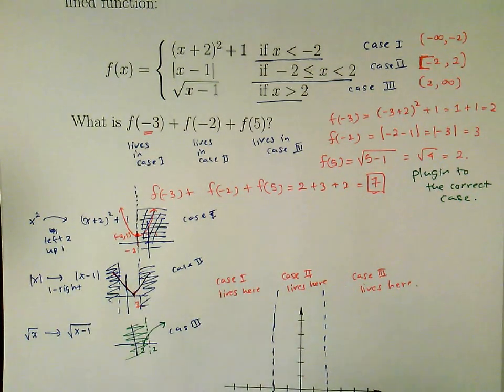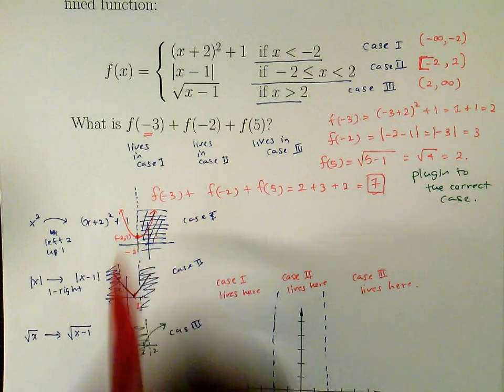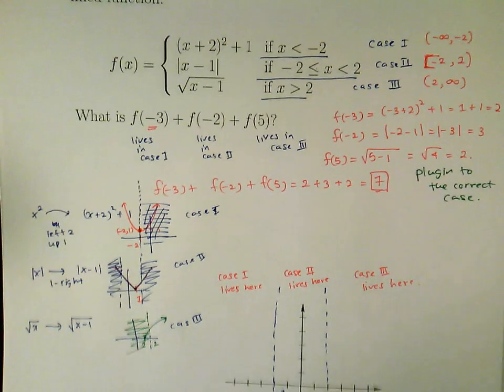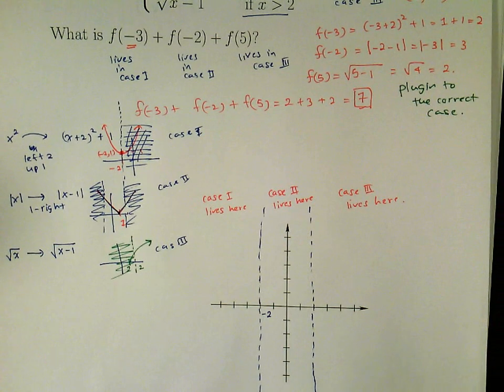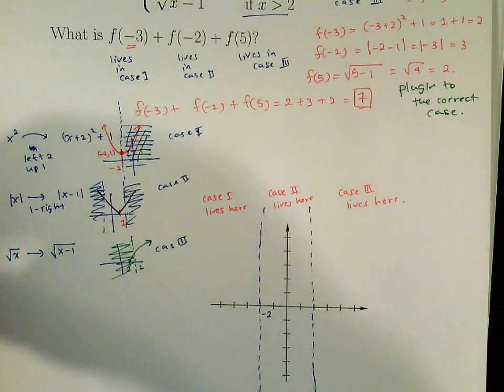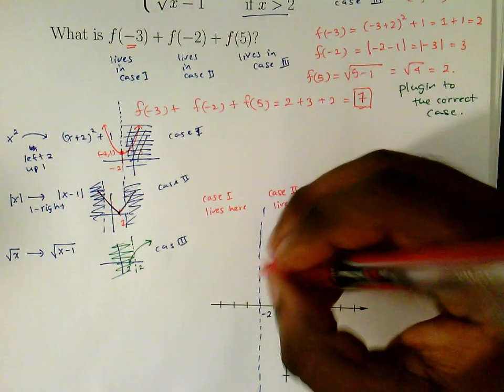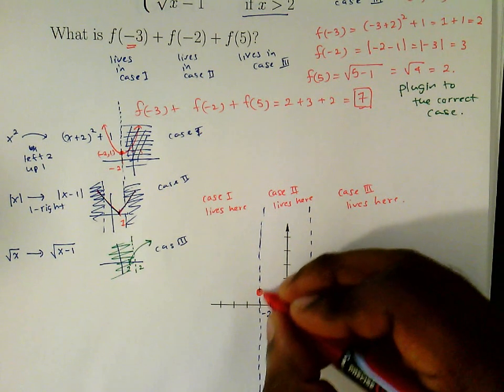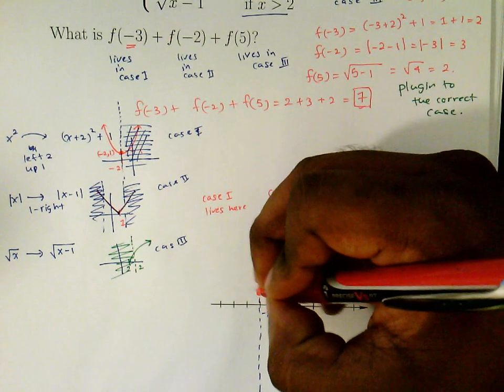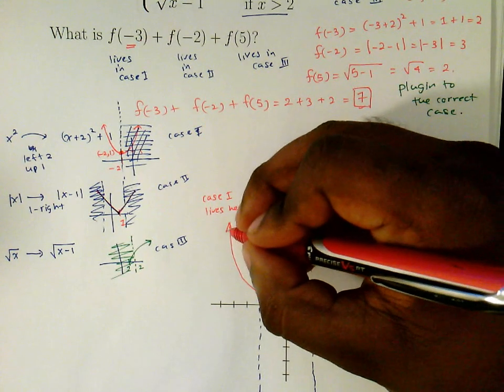Okay, so now the only last thing we have to find is what happens at those points. One thing we know for sure is this point is -2, 1, and that's all. So let's combine all these three things here. First one is that point is -2, 1, something like that.